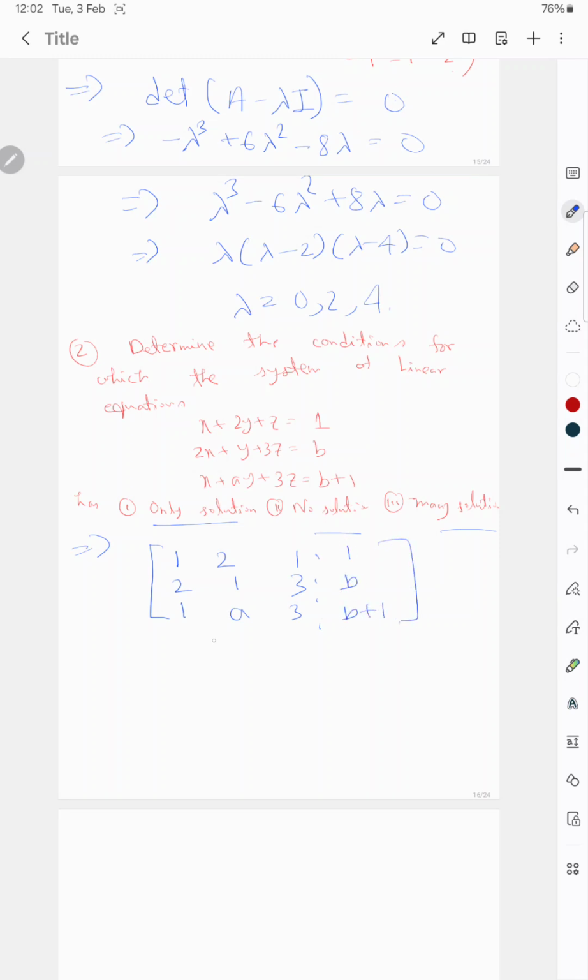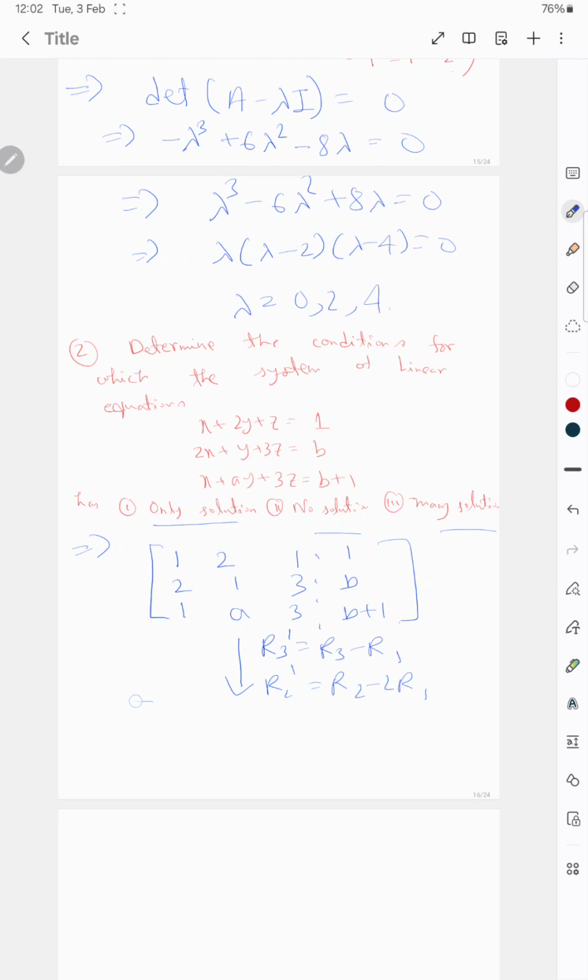Okay, now do some operation. If you do operations, first you try to make this one 0, so R3 dash is equal to R3 minus R1. After that suppose you are doing R2 dash is equal to R2 minus 2 R1.